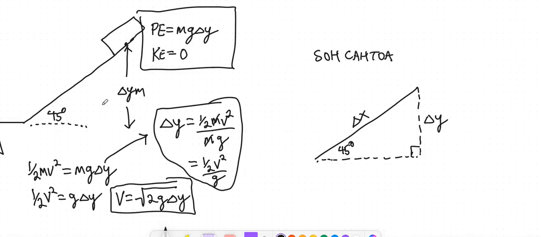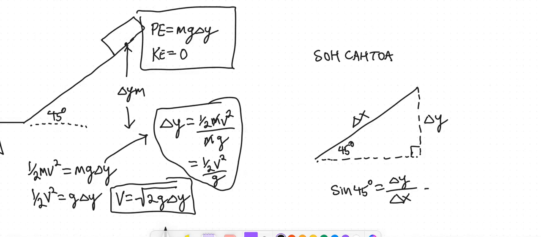If we go back and take a look at SOHCAHTOA, and we have the opposite side, and we have the hypotenuse, that's going to be the sine value. So we know that the sine of 45 degrees will be equal to the opposite side, delta y, divided by delta x, which is what we are looking for.